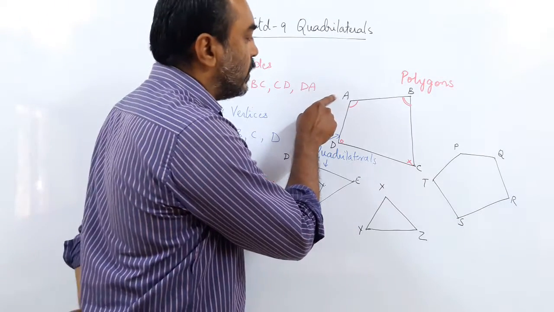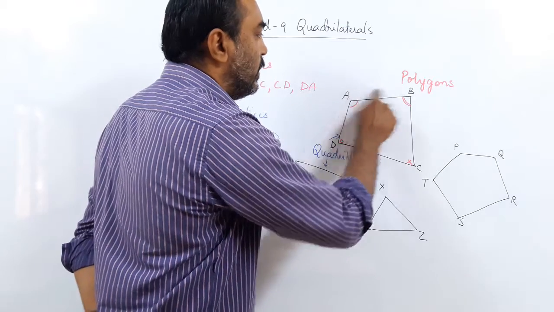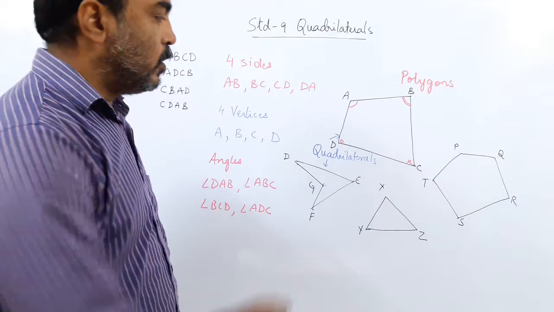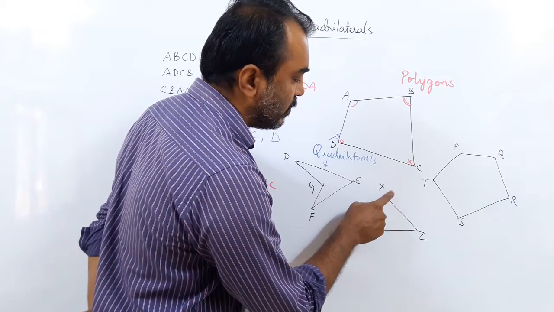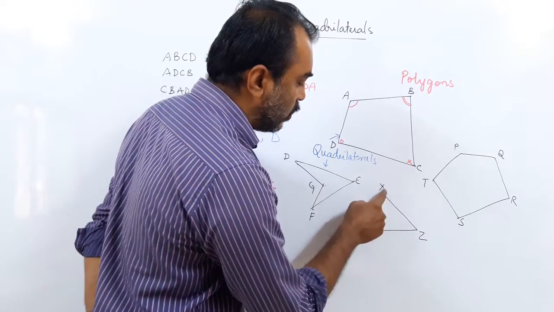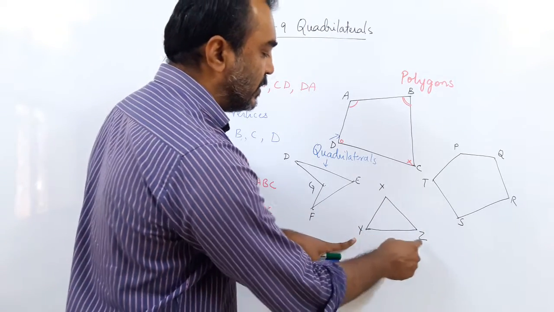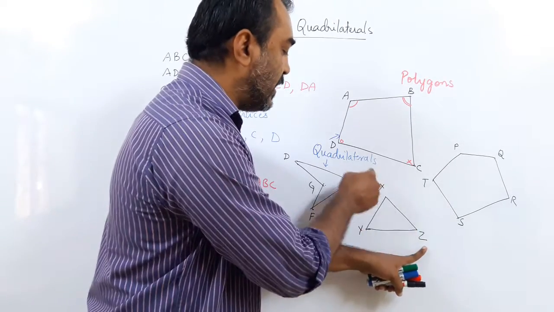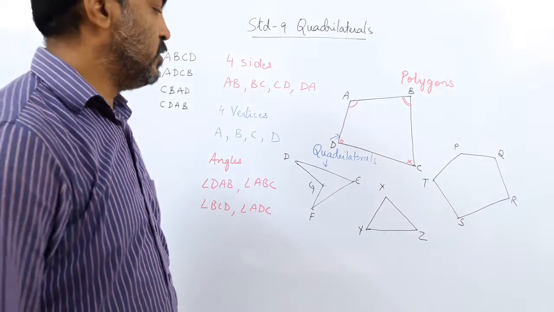So the adjacent points are A to B and A to D. Look at this triangle. X has got 2 adjacent points: on one side there is Z, on the other side there is Y. Y has got 2 adjacent points, Z and X. Z has got 2 adjacent points, X and Y. So those which are on the sides are called adjacent.